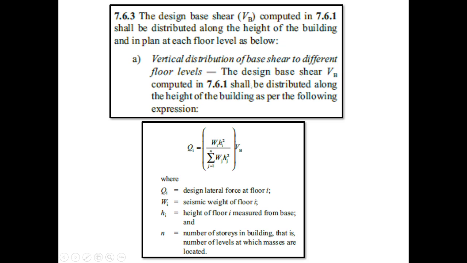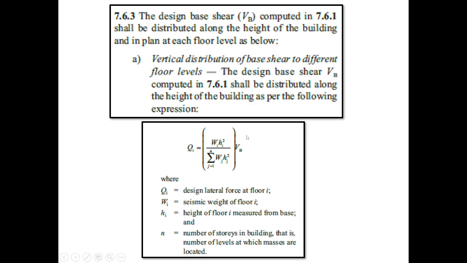The design base shear VB shall be distributed along the height of the building as per the following expression, that is Qi is equal to Wi hi square upon summation of i equal to 1 to n Wi hi square into VB, where Qi is design lateral force at floor i, Wi is the seismic weight of floor i, hi is the height of floor i measured from base, and n is the number of stories in building, that is number of levels at which the masses are actually located.